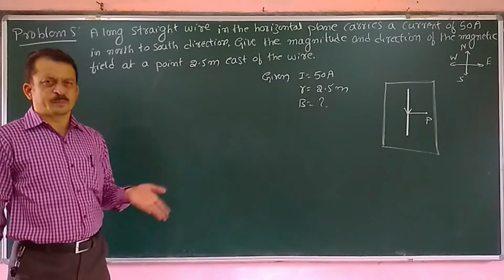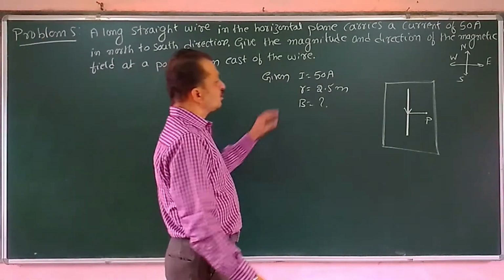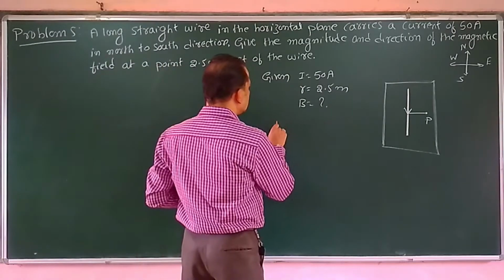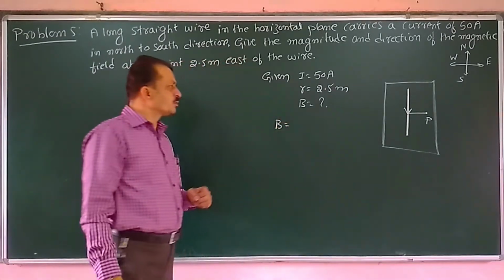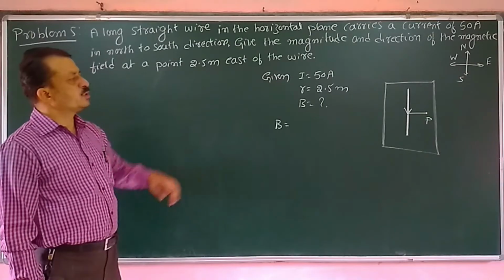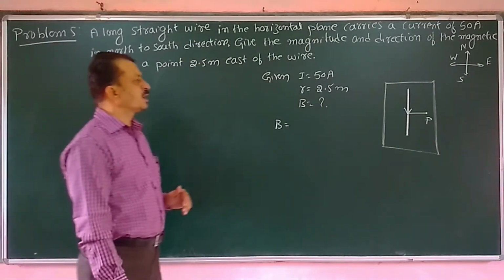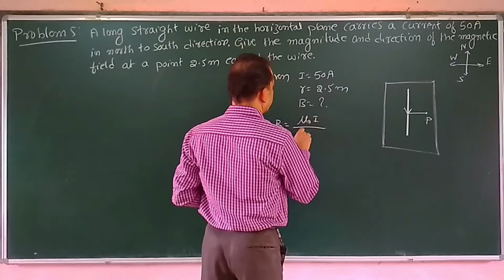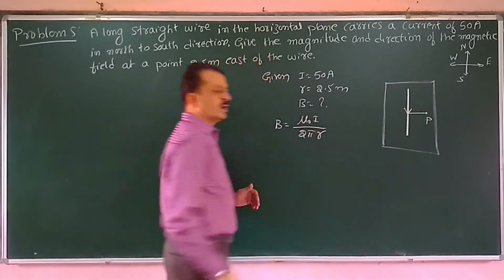It is similar to the previous problem. Here we also have to mention the direction. Therefore, the formula for the magnitude of the magnetic field at a point due to an infinitely long current carrying wire is mu naught I divided by 2 pi r.